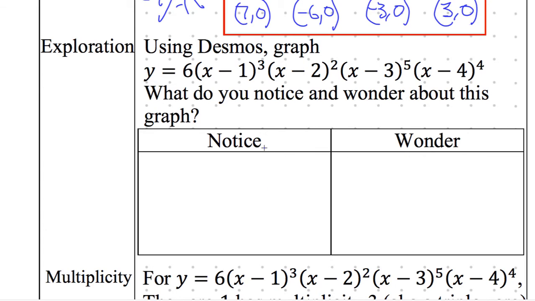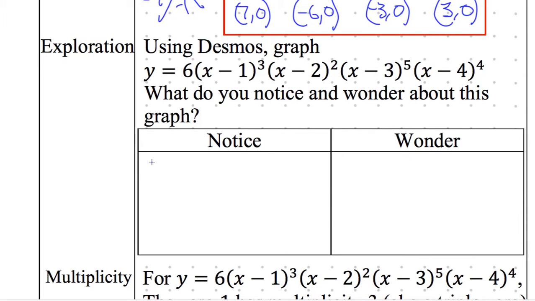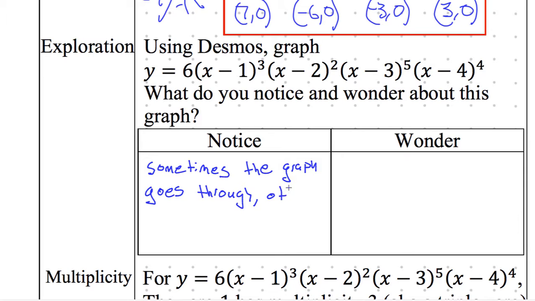You should have a bunch of stuff in your notice and wonder column. Unfortunately, I can't hear back from you, but one thing that I noticed was that at some of these x-intercepts, the graph goes through, while other times it turns around.